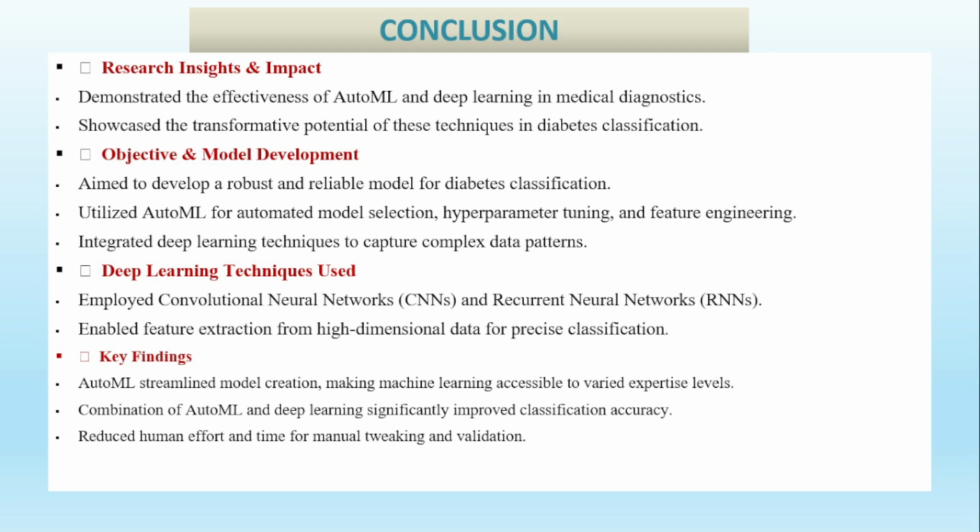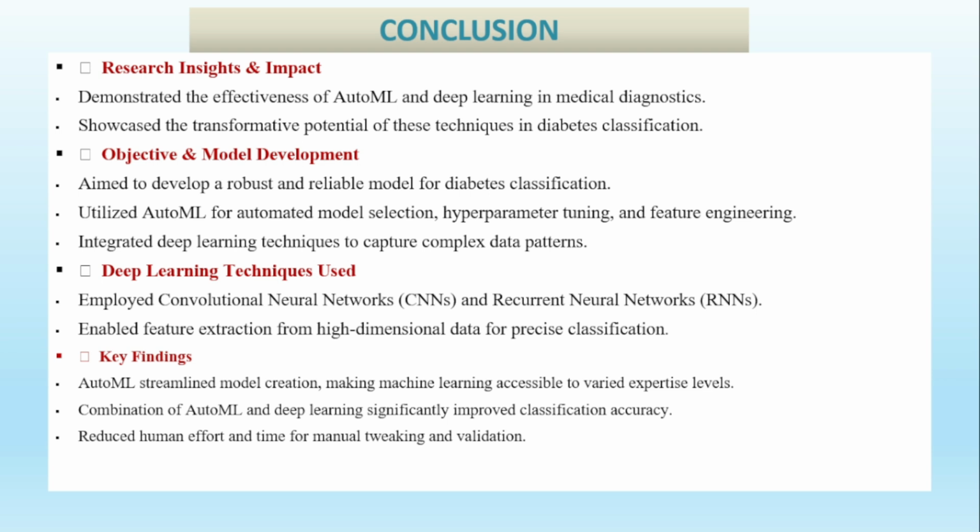Now, the conclusion of this study: research insights and impact demonstrated the effectiveness of AutoML and deep learning in a medical diagnostic, showcasing the transformative potential of this technique in diabetic classification. The objective and model development aim to develop a robust and reliable model for diabetic classification, utilize AutoML for automated model selection, hyperparameter tuning, and feature engineering, and integrate deep learning techniques to capture complex data patterns.